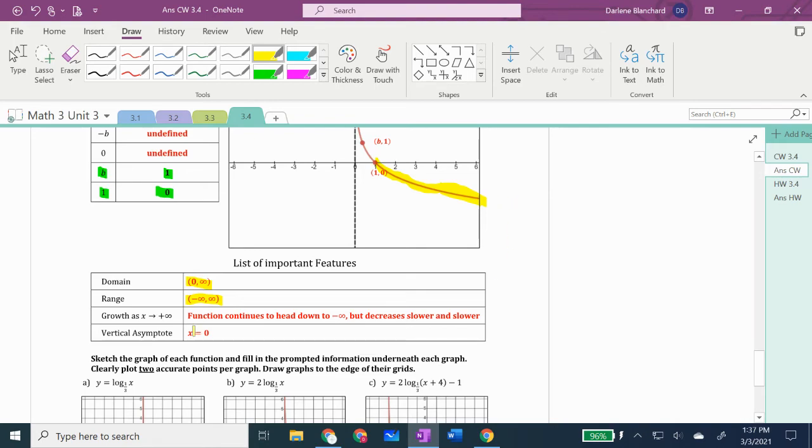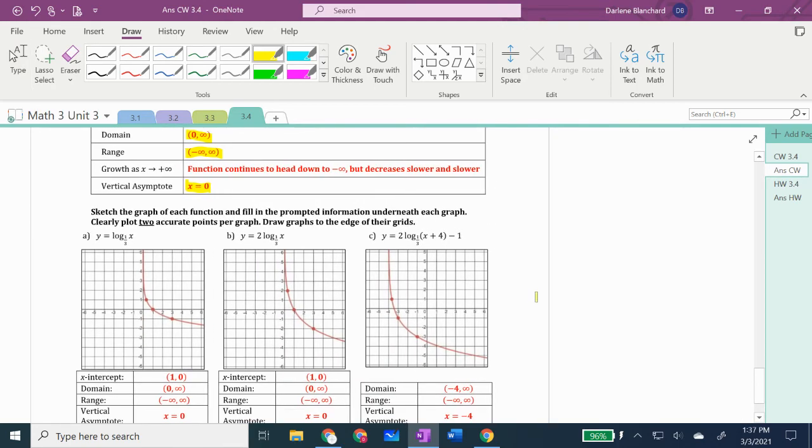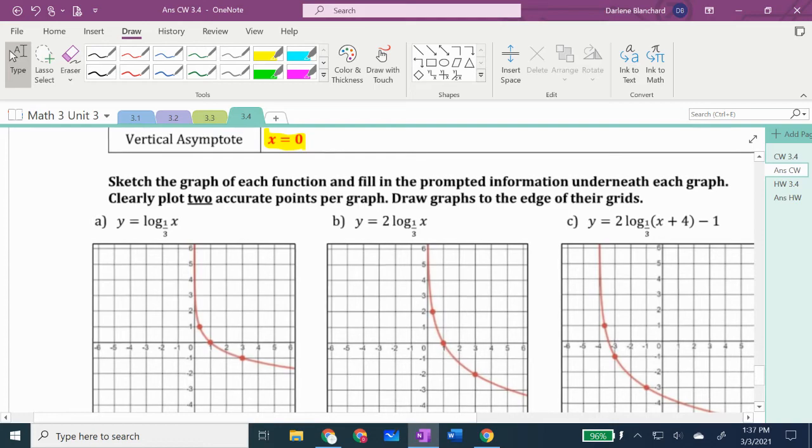And the vertical asymptote is the same as it is for the base being greater than 1. And then I have an example for you to do, and I will point out to you where the answers are coming from.